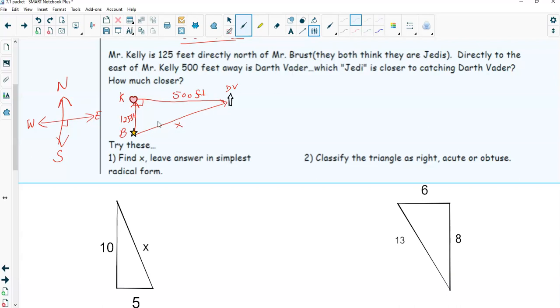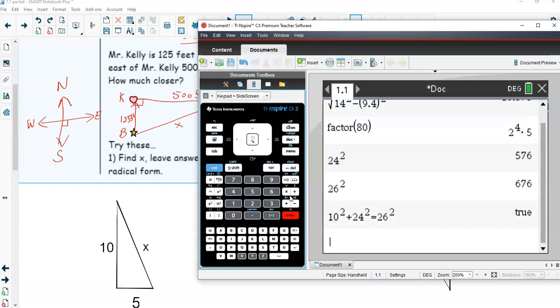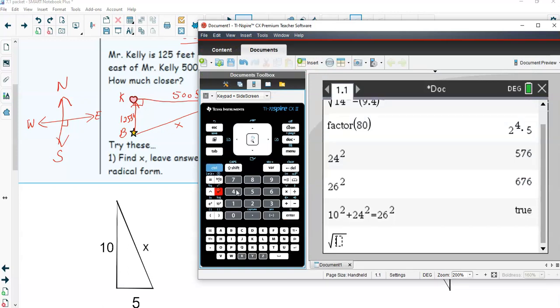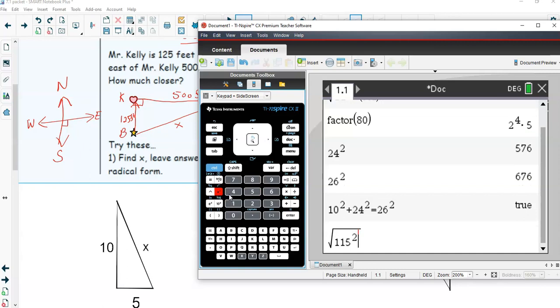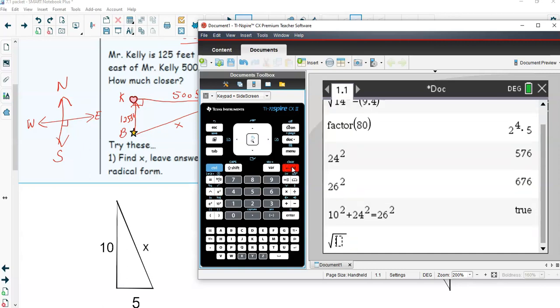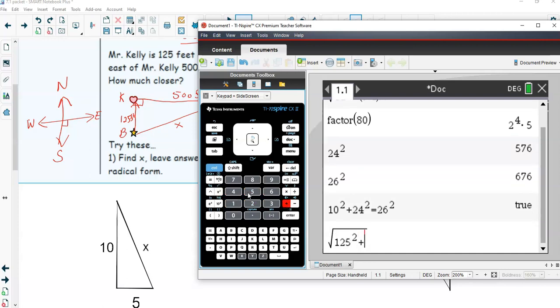So we have that C, remember the shortcut, is equal to the square root of 125 squared plus 500 squared.